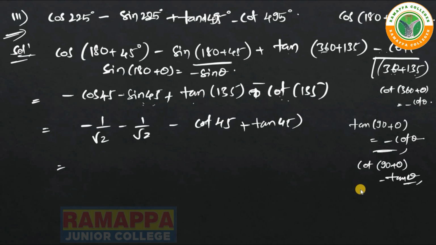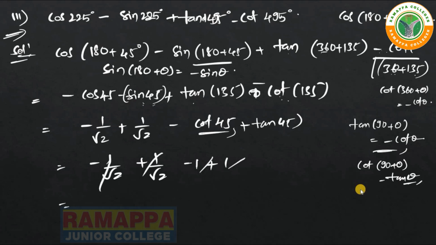So this will become plus, this will become minus on this side. Sin 45 with the minus becomes plus here: minus 1 by root 2 plus 1 by root 2, cot 45 is 1 minus 1, tan 45 is plus 1. So everything gets cancelled, this one and this one, this one and this one, and the answer will become 0.